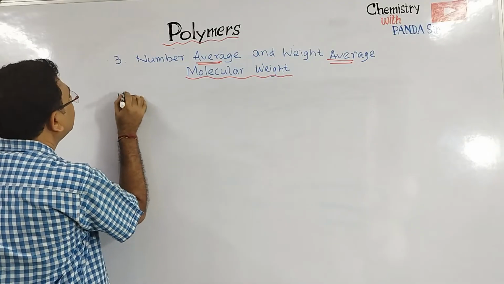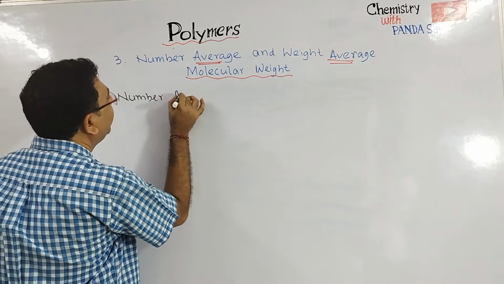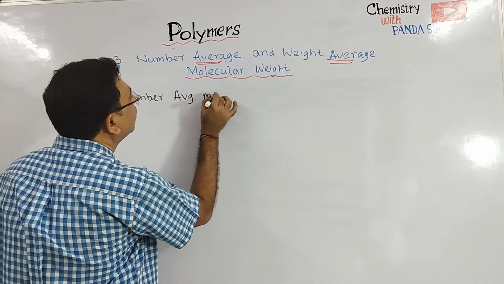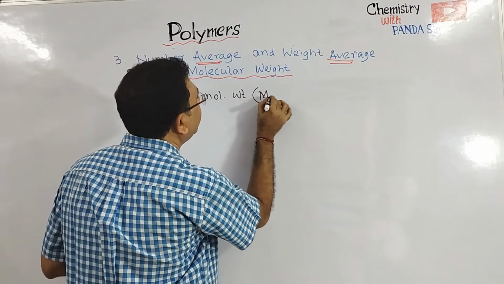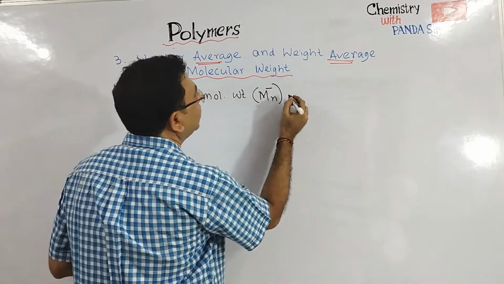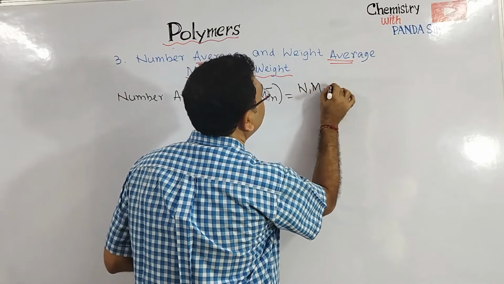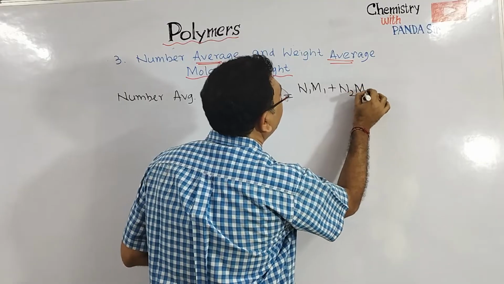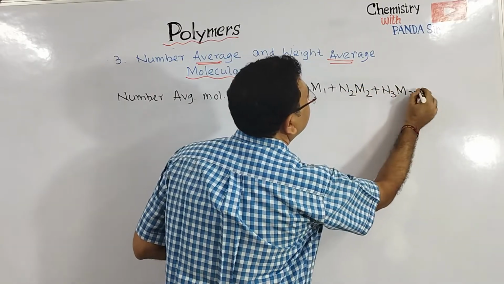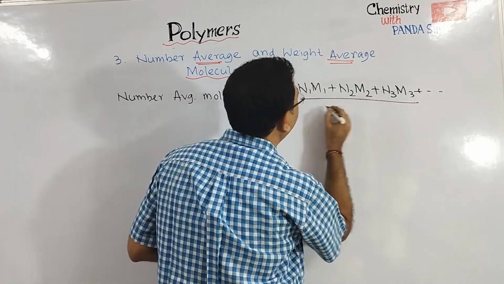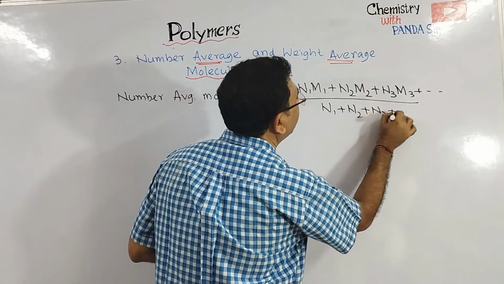So let's start with the number average molecular weight, or in short Mn bar. It can be read like N1M1 plus N2M2 plus N3M3 and so forth, divided by N1 plus N2 plus N3 and so on.